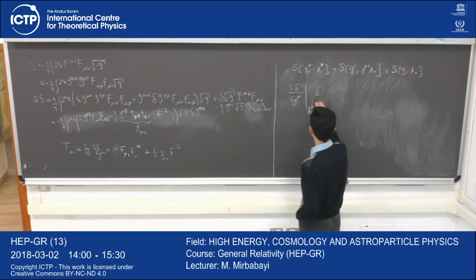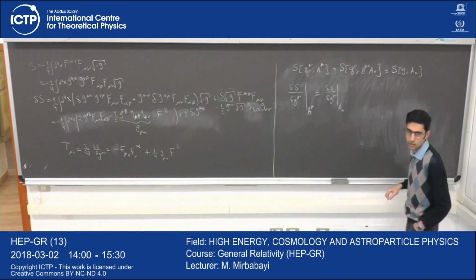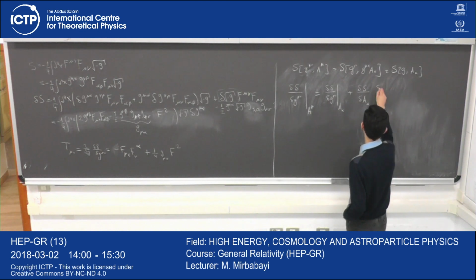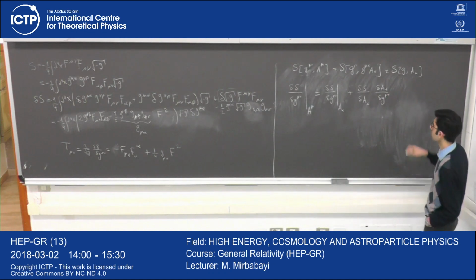So I can write this object as delta S, delta g mu nu with A alpha with lower index kept fixed, plus the variation of the action with respect to A alpha, and then delta A alpha, delta g mu nu with upper index.